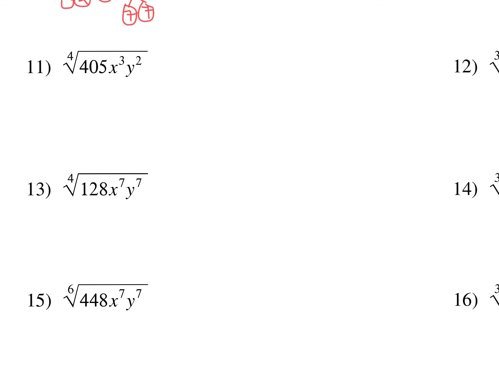All right, so for 405, I know that 5 goes in there, and 5 is prime, and it goes in 81 times, and then 81 is 9 and 9, which is 3 and 3.